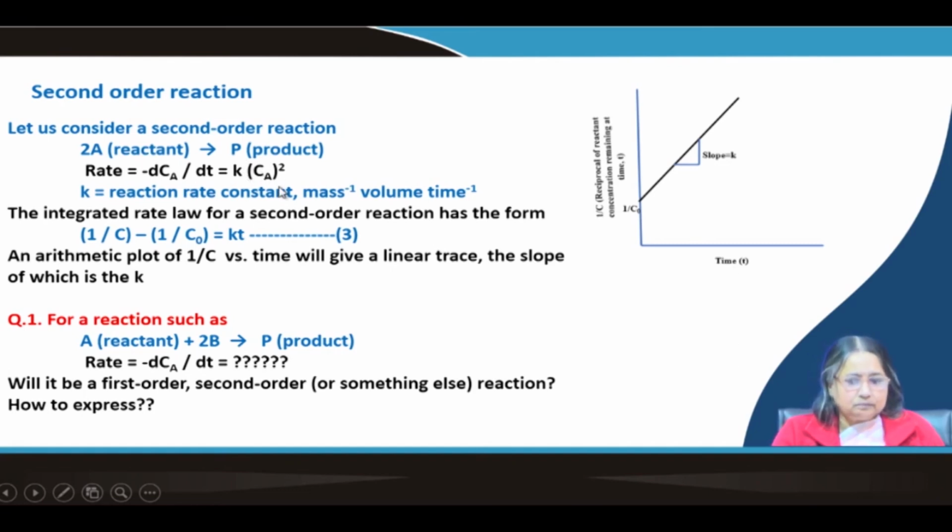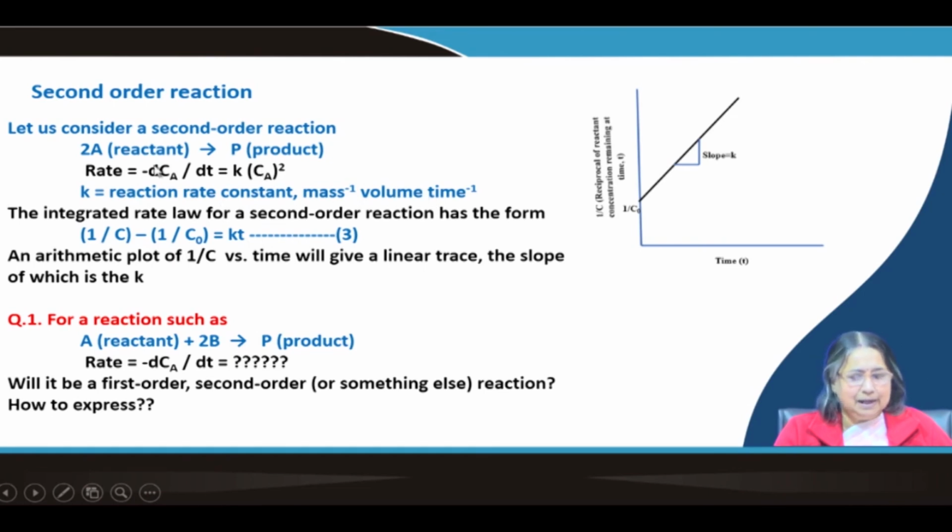So, the rate expression is equal to k into CA to the power 2, because it is a second order reaction. Now, in the same way, upon integration it gives 1 by C minus 1 by C0 is equal to k into t. And here you can see the unit of the reaction rate constant k is this one.